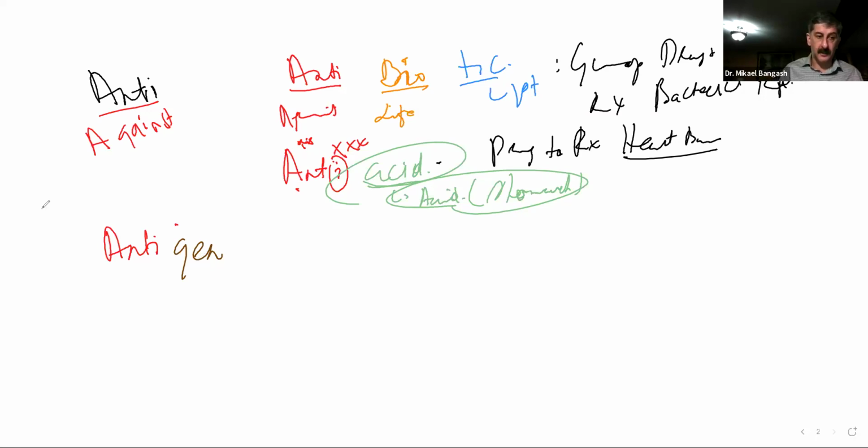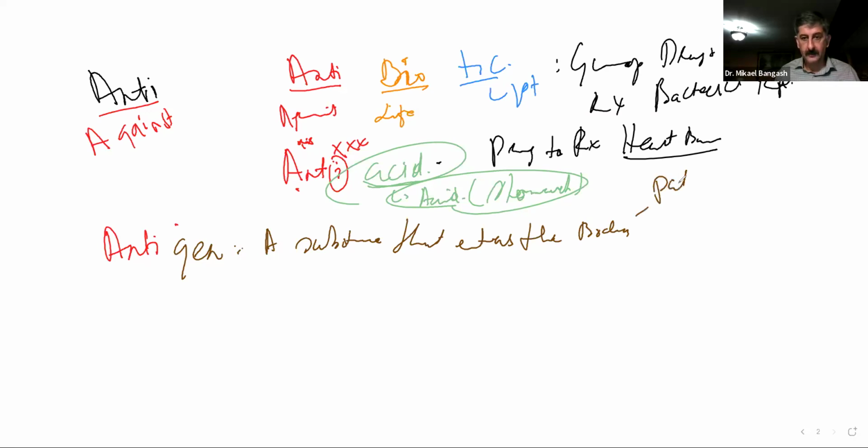Antigen is a very broad term, but what an antigen means is a substance that enters the body. An example of an antigen could be what we call a pathogen, which we commonly know as a germ.